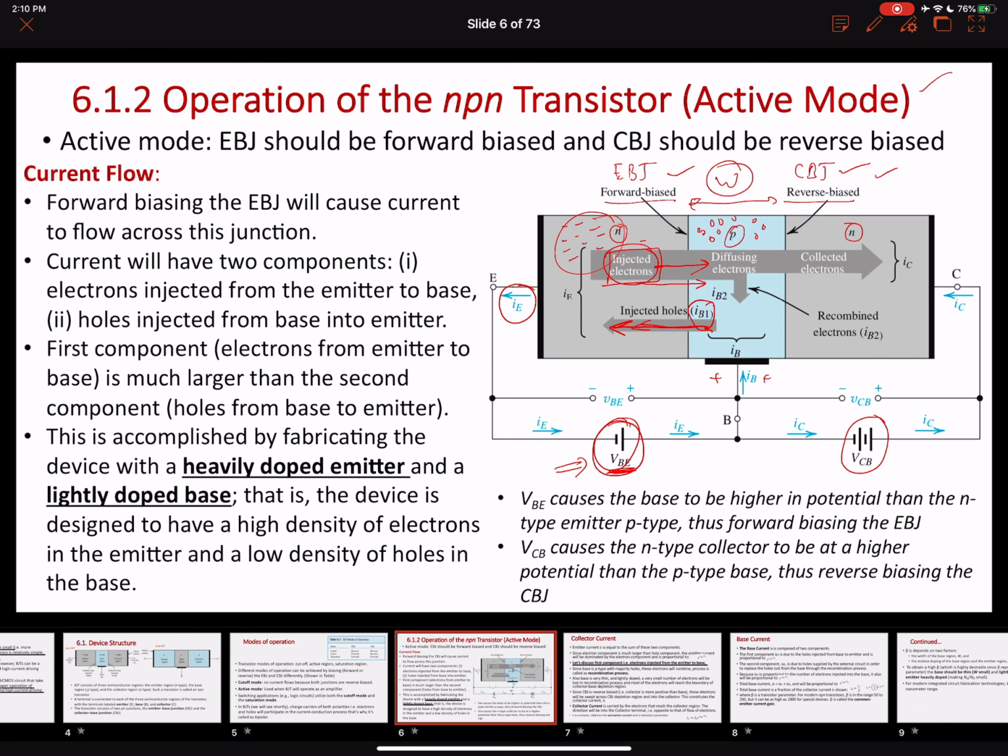Right, okay, so this is what we talked about. We can fabricate a device with a heavily doped emitter and a lightly doped base. So we have a high density of electrons in the emitter and a low density of holes in the base. So when we forward bias this junction, a lot of the electrons in the emitter will flow from the emitter to the base, and the small amount of holes present in the base will start to flow from the base to the emitter.